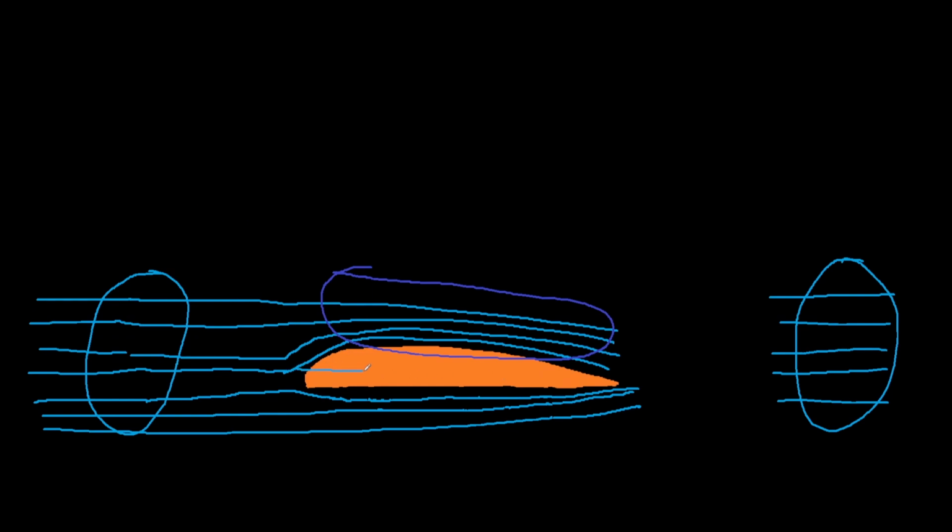You see, it can't flow through the solid object. This causes the flow of air to be constricted up above the wing, very similar to how it was constricted in the Venturi tube. This is what speeds it up.